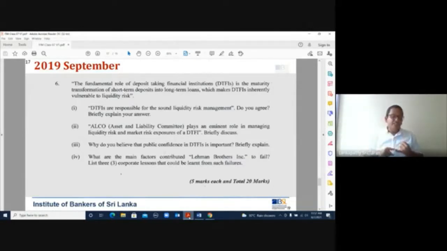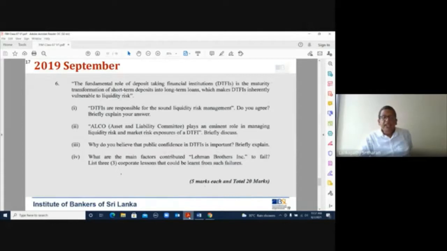The first is to ensure efficient implementation of balance sheet management policies and to receive and review the reports of liquidity and market risk management, to identify the balance sheet management issues that are leading to underperformance, and to review the deposit and loan product pricing strategy, which we have already discussed. So just mention those things, good enough to get the marks.